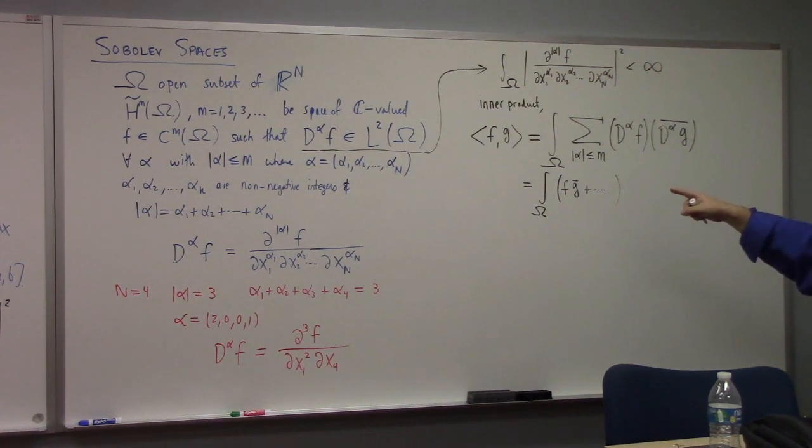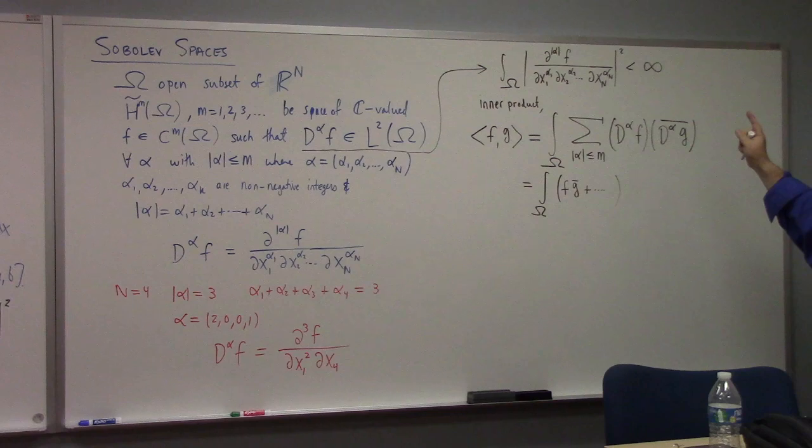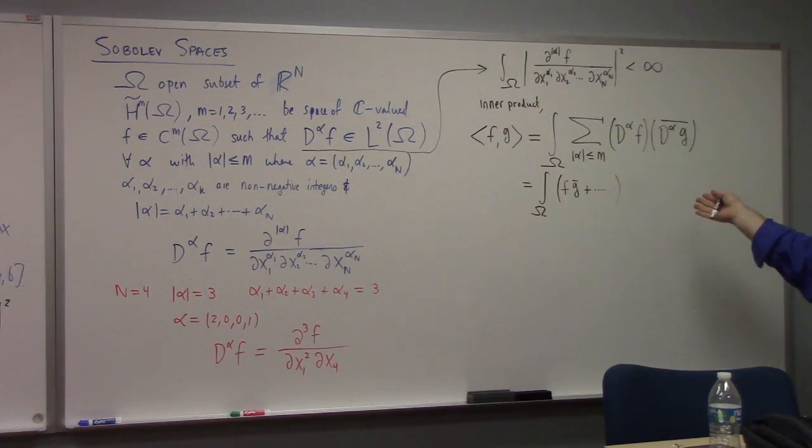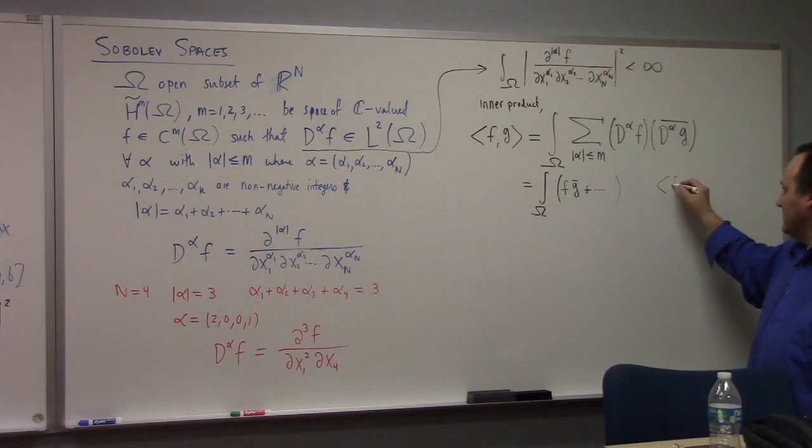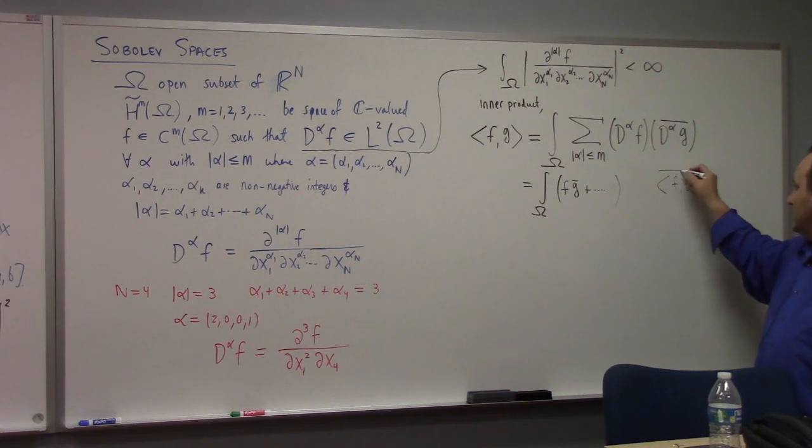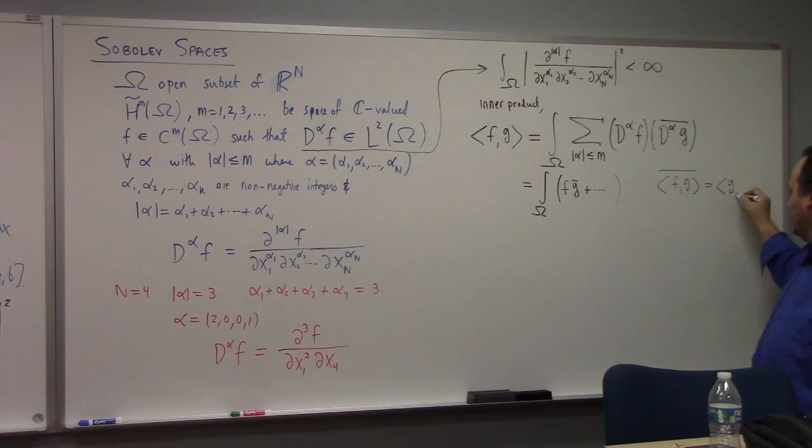The integral is linear, the sum is linear, the multi-derivative is linear, and it all works together to give you the needed sesquilinearity. Also, the conjugate symmetry, that if you had this you get this, is almost manifest from the formula.